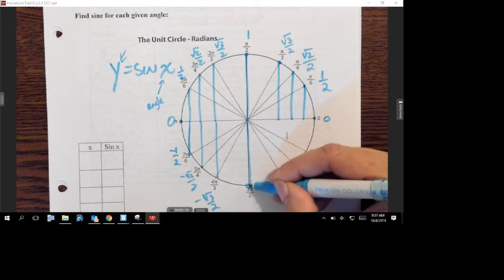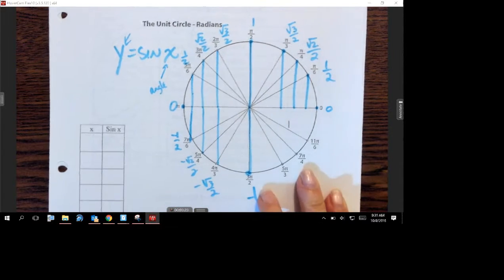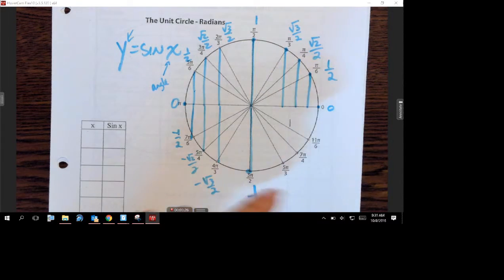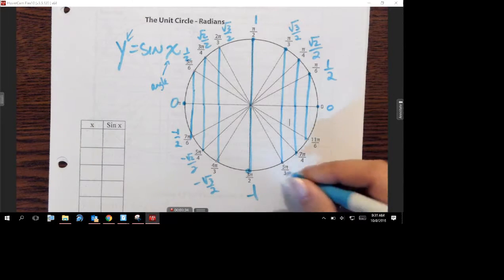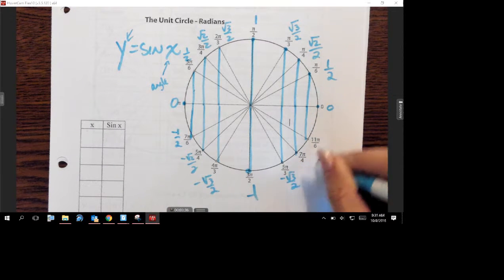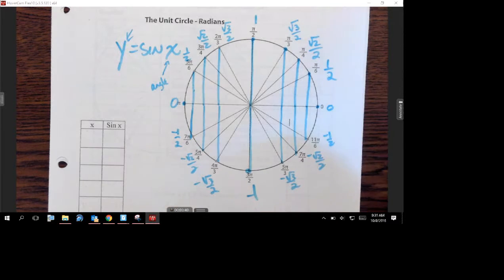And then down, 1. And then once we go down 1, that's the longest negative y value. And then it starts going back up again. It's still negative, but it's getting less and less negative. Until we get to 0.